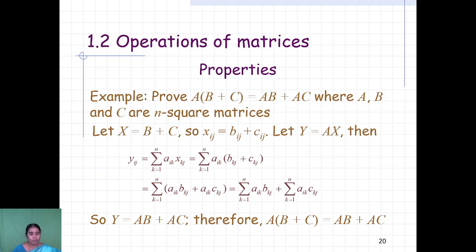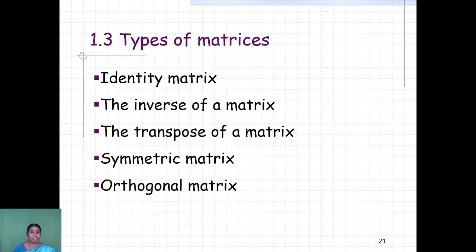Multiplying Aik into the brackets, we obtain the summation k equal to 1 to n of Aik Bkj plus the summation k equal to 1 to n of Aik Ckj. So Y is equal to AB plus AC. Therefore, we obtained A of B plus C is equal to AB plus AC.